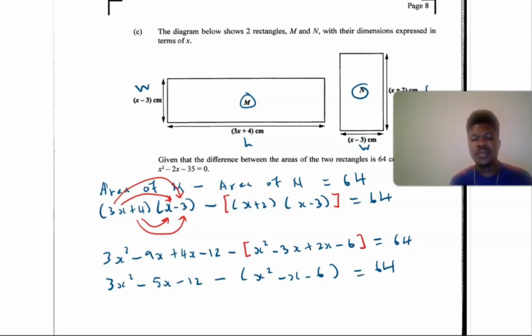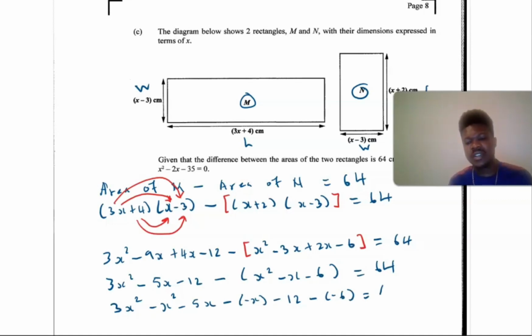Now we can subtract like terms. We can even group them. In this case, let's group them. So 3x squared minus x squared. Bring back a minus 5x. Now it's minus negative x. Then bring back a minus 12 minus negative 6 equals 64.